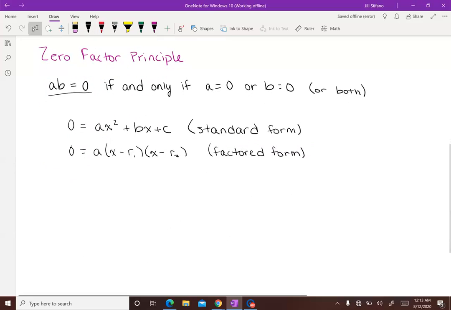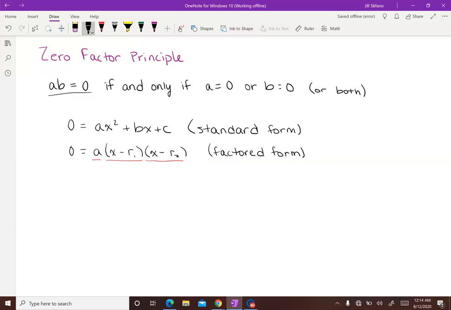So if we can get our quadratic function into factored form, we can use the zero factor principle to solve for our x-intercepts. So notice that we have three terms being multiplied together. We have a times x minus r1 times x minus r2.